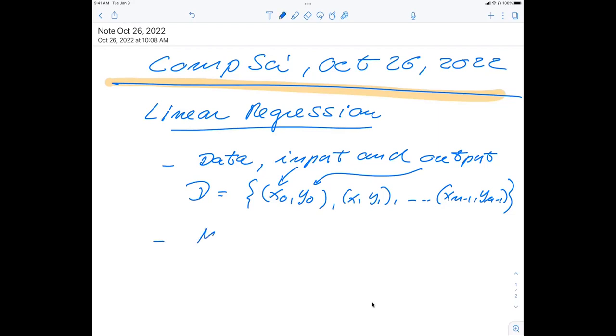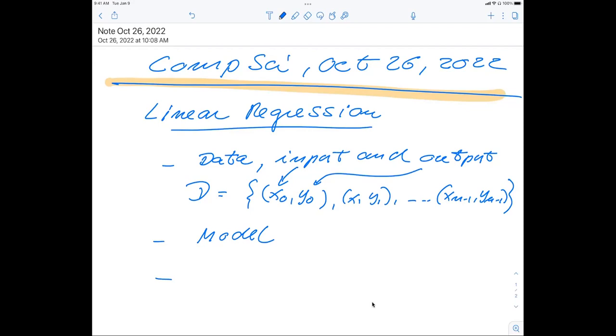And then we need a model. That would be the next piece. For linear regression, there is an overarching model, a basic assumption about your data. And then you're going to develop a model to reproduce that data.